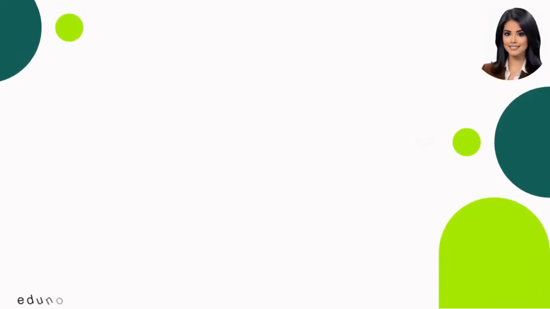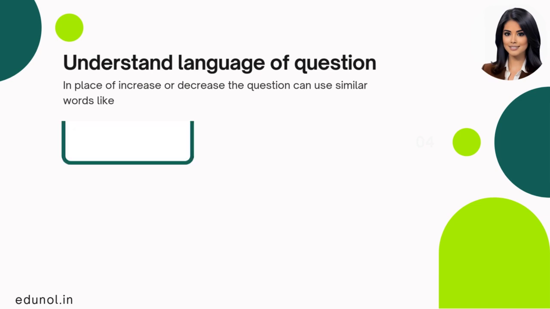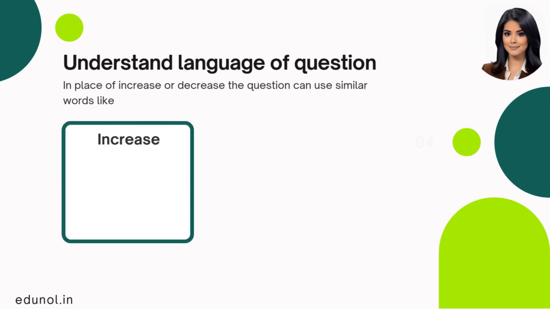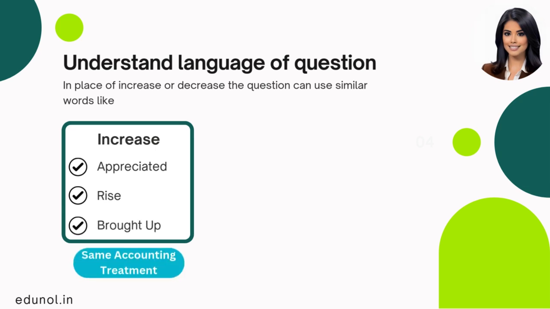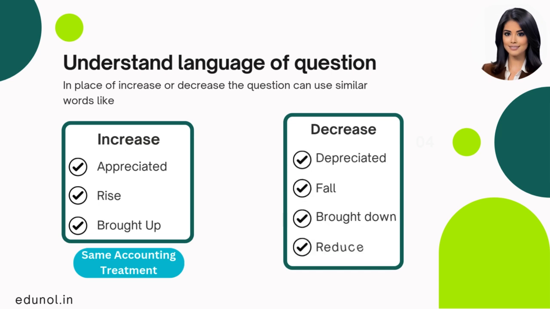Let's now understand a few points about the language of the question. Instead of writing increase, the question can use other similar words, like appreciated, rise, brought up. All these words have the same meaning and indicate the increase in value of assets or liabilities. Instead of writing decrease, the question can use other similar words, like depreciated, fall, brought down, or reduce.